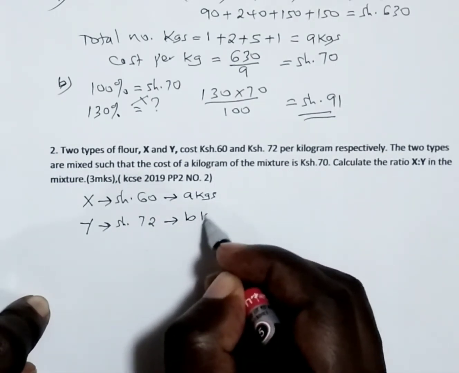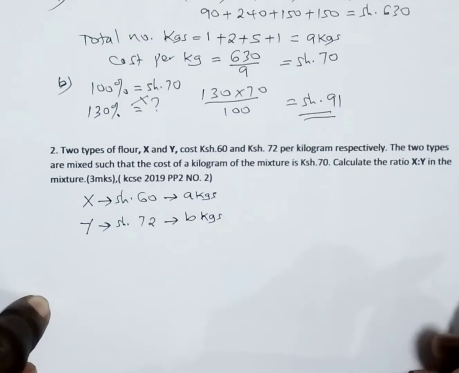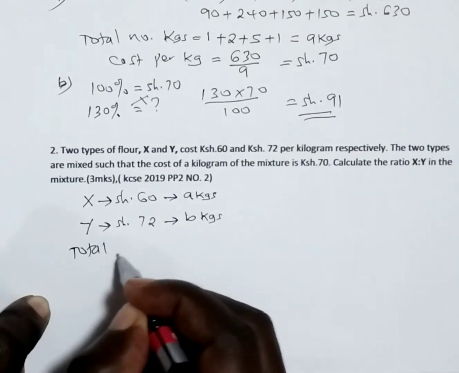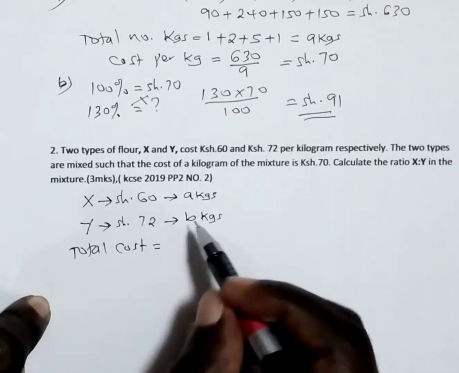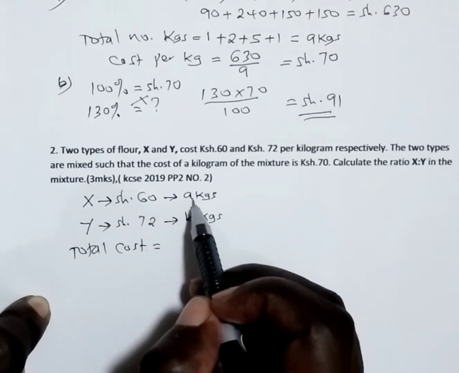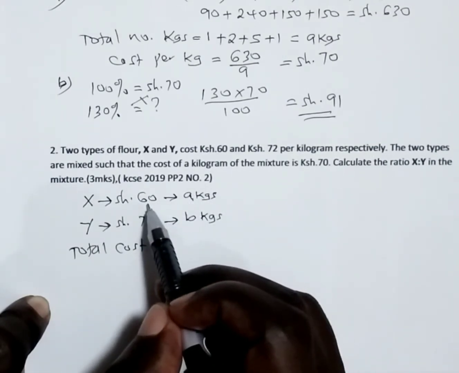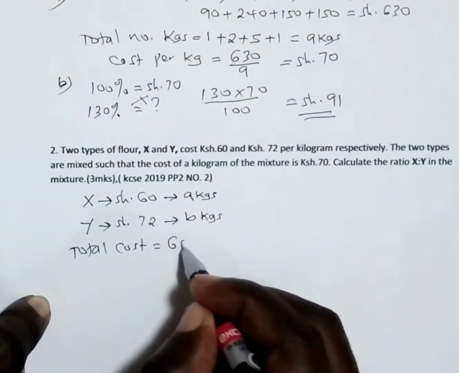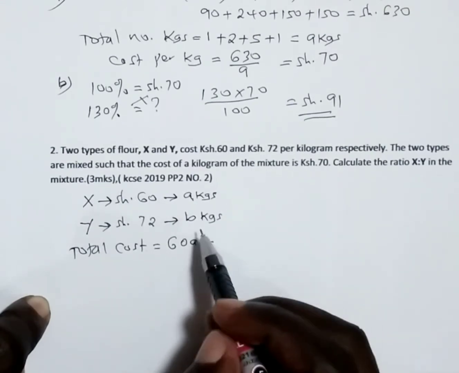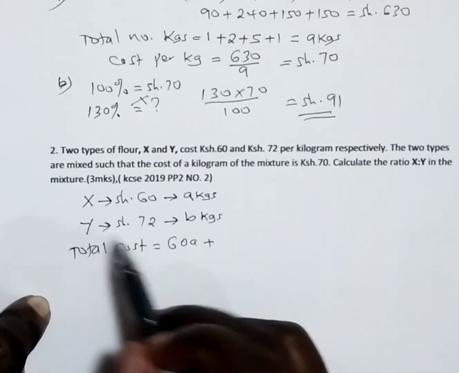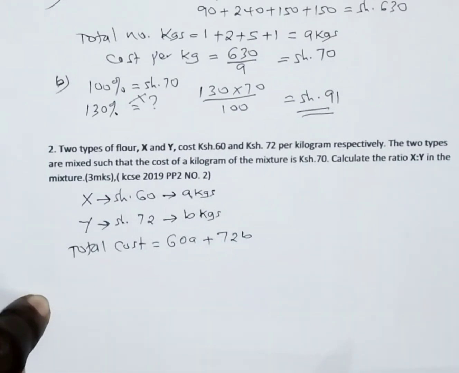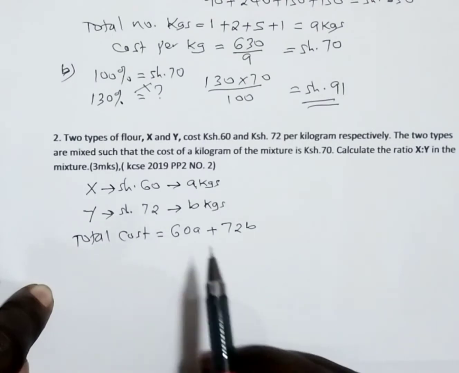Let us say we bought B kilograms. So from here we can get the total cost. If we bought A kilograms of X and each was costing 60 shillings, the total cost of X will be 60A. We add the total cost of Y, which will be 72 times B, giving us 72B. That is the total cost.